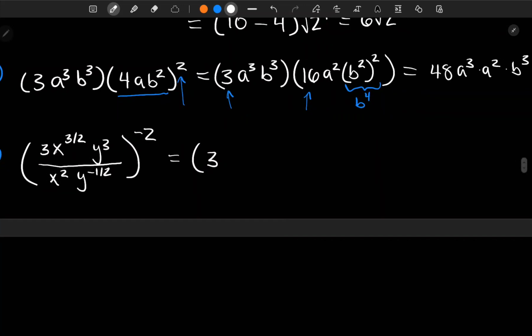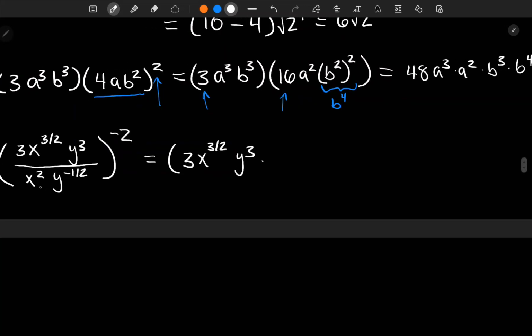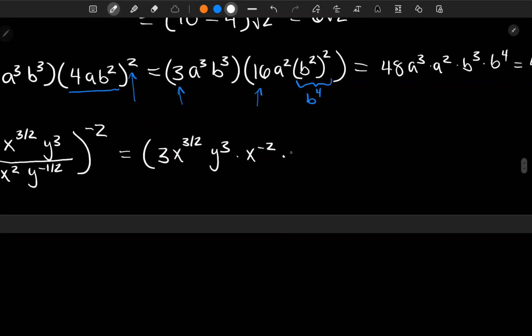So here, we just write the numerator again, which is 3 times x to the 3 halves times y cubed. Let me write that better. x to the 3 halves times y cubed times x squared. Well, it's in the denominator, so we make it a negative. So times x to the negative 2. And then times y. Well, in the denominator, it's y to the negative 1/2. So to bring it into the numerator, we just make it a negative of that. So it would be positive 1/2. So y to the positive 1/2. All to the negative 2 power.